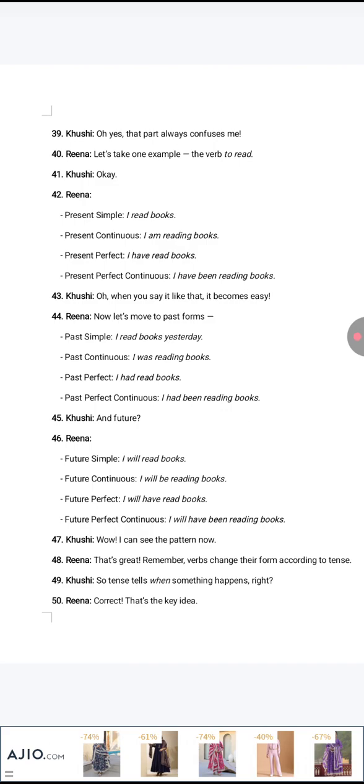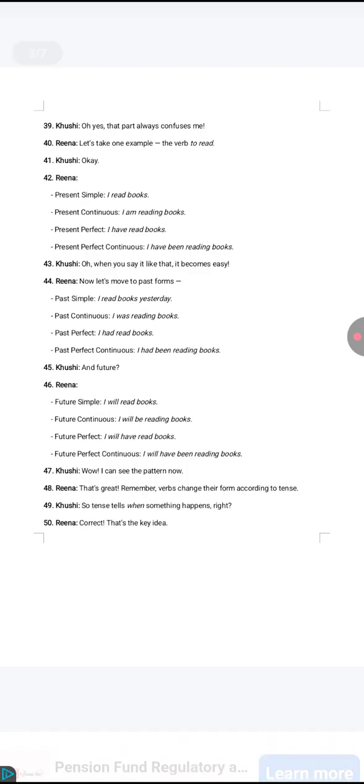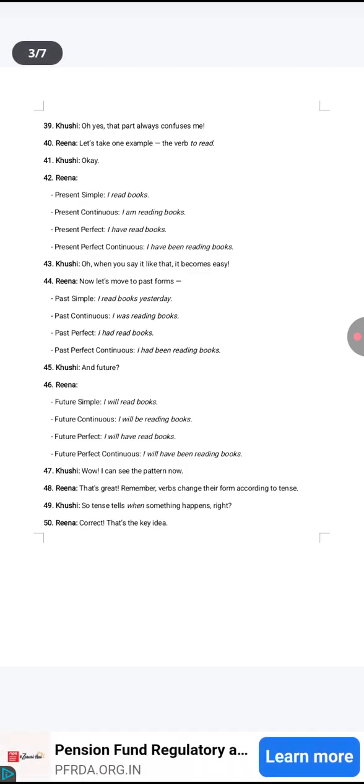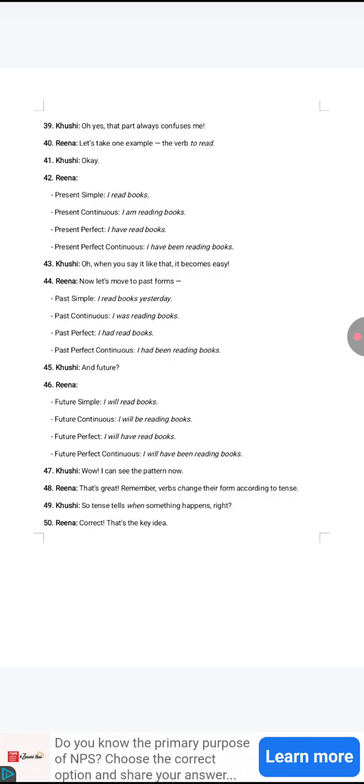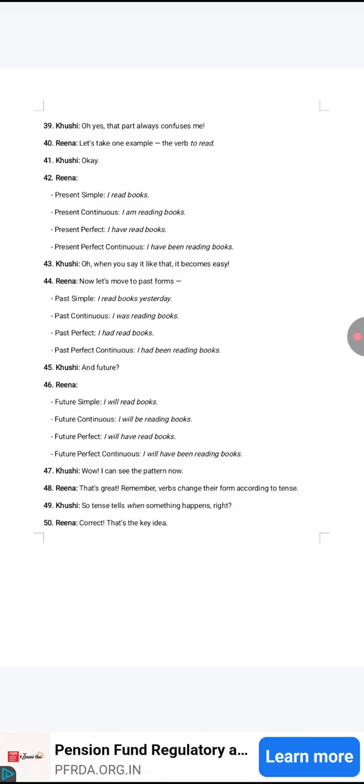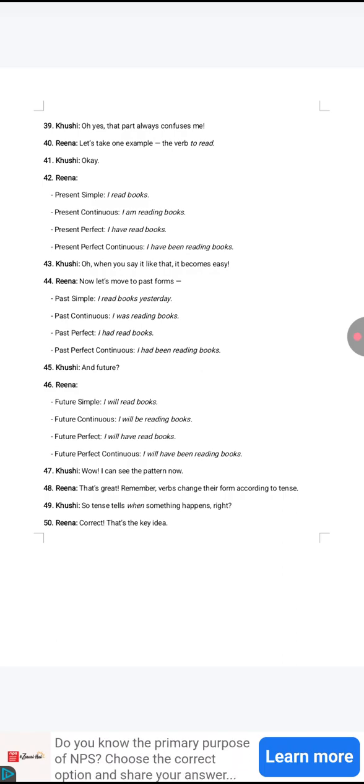Now let's move to past forms. So we have four forms of past. First we have past simple, second past continuous, third past perfect, and fourth past perfect continuous. So let's understand them one by one with the help of examples. I read books yesterday.